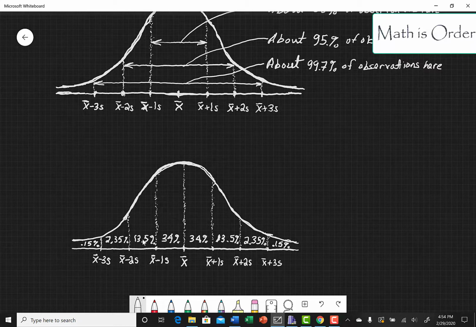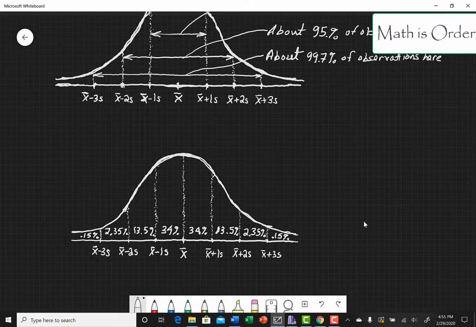And the fact that 99.7% of observations lie within three standard deviations of the mean means that this region here must be 2.35%, and this region must be 2.35%, and this must be 0.15 and this 0.15. Altogether, then, this is 100% of the observations.